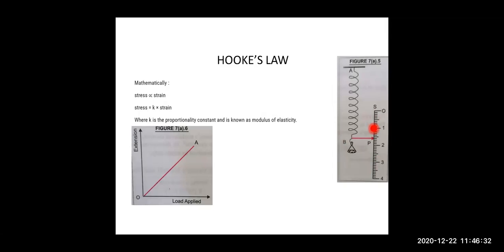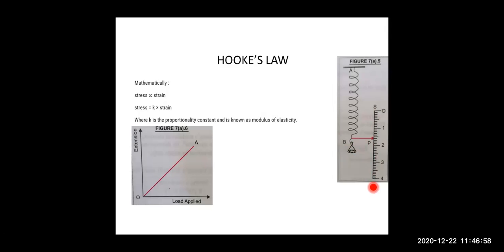Fine. And we will go on adding the weight, and we will go on noting down the extension in the spring on adding the weight in the pan, right? And after finding out the extension and the weight, we will calculate the stress and strain.